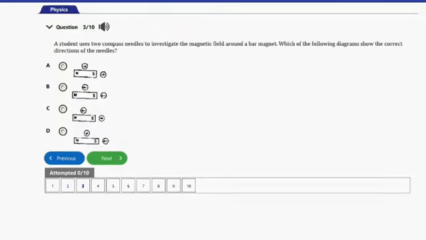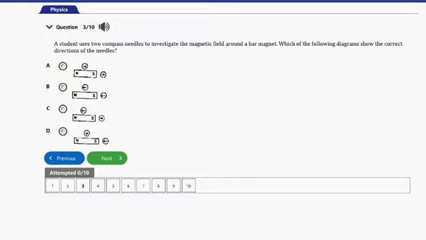So the next question we have here is question number 3. It says, a student uses 2 compass needles to investigate the magnetic field around the bar magnet. Which of the following diagrams show the correct directions of the needles? Alright, so the correct answer to this question will be option D here.